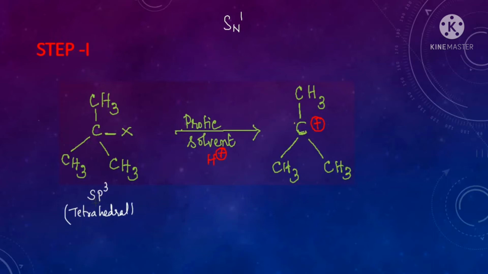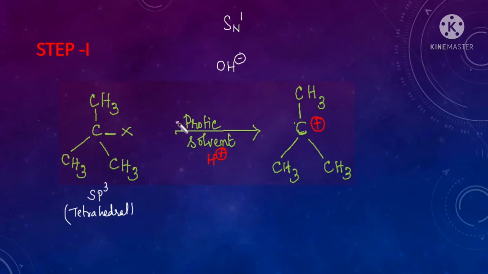Now normally, a nucleophile such as OH minus cannot easily attack this tertiary alkyl halide. The reason is that this carbon has 3 more alkyl groups, which are bulky groups. So here comes the steric hindrance. It is not easy for the nucleophile to come and attack this carbon atom, because 3 bulky groups are there.